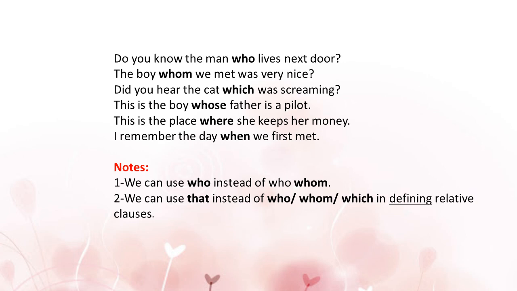Number two, we can use that, and this was introduced at the beginning of this video, instead of who, whom, and which in defining relative clauses, and these clauses we'll talk about later. So that we can use it instead of who and whom and which. So that we can use it in object position, subject position, and to refer to animals and things.